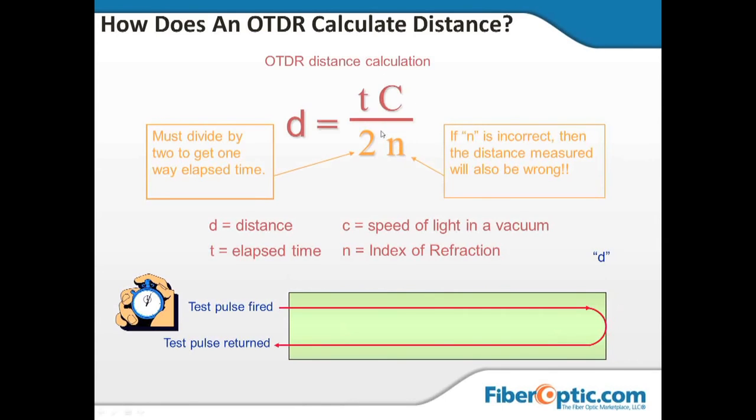If we do a little algebra, we actually have time times C over N, which is our index of refraction, the velocity of light. And then, of course, we divide that by 2 because we're taking a trip out and a trip back. So this distance here is the time divided by 2. And it's really that straightforward. There's no real magic here.